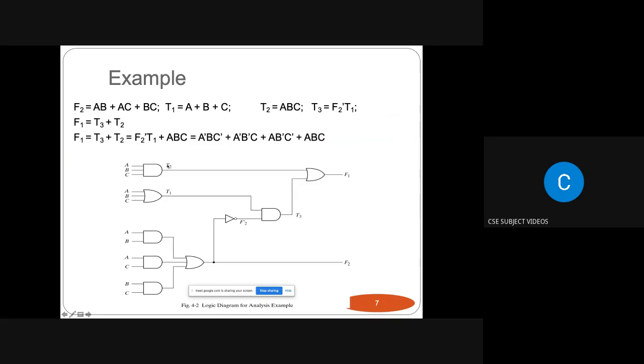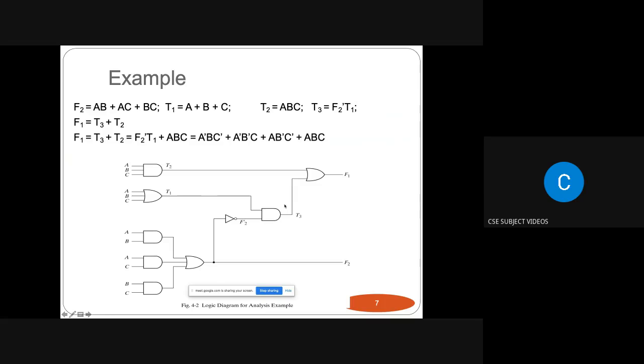Here, some of the variables are mentioned as T1, T2, T3. These can be considered as temporary variables or temporary Boolean functions that may be considered as the output of a gate. With the help of these temporary variables, we can find out the final Boolean functions.